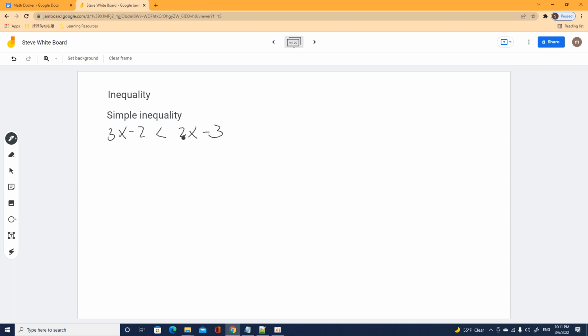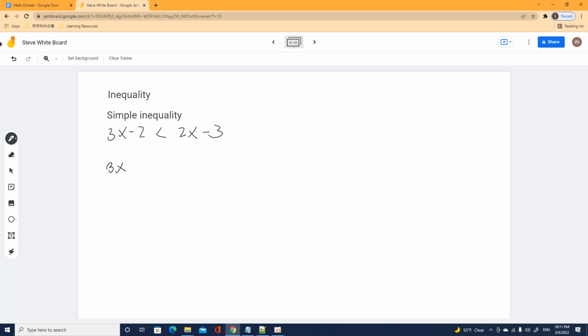In order to solve this inequality, usually we can do it like this: move all of the variables to the left side and move all constant numbers to the right side. Then you can get the solution. Now let's do it. We move the 2x to the left side.